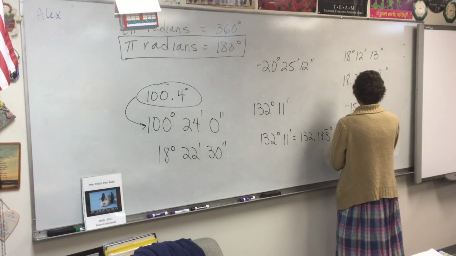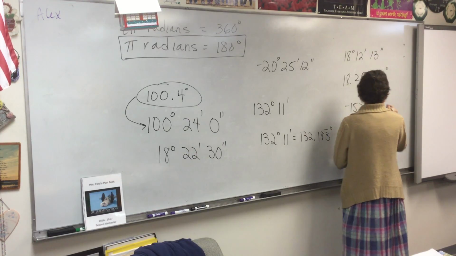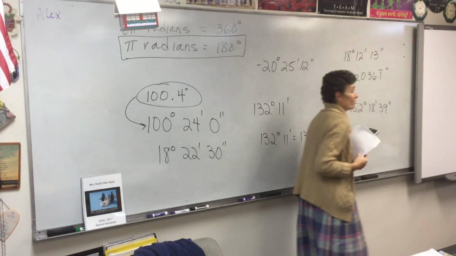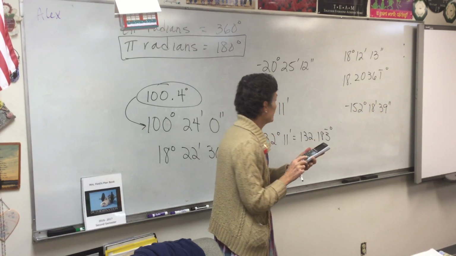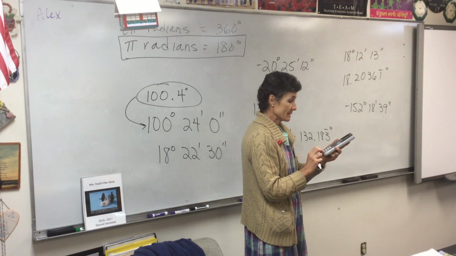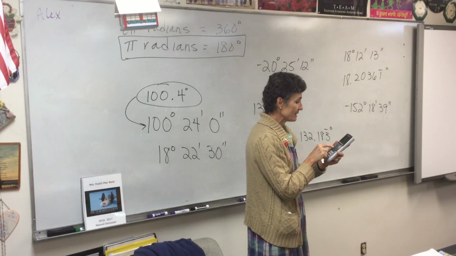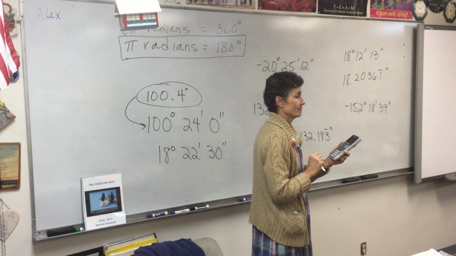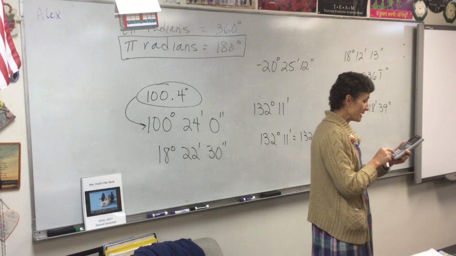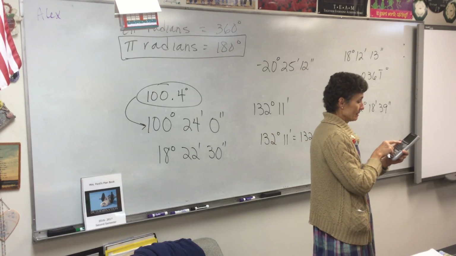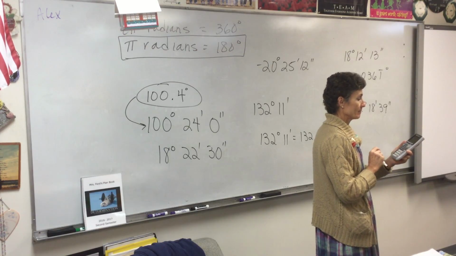Okay, now let's try one more. Negative 152, the negative doesn't matter, just type it in. 18, 39. If you were confused, listen carefully because this is the last one. We're going to type negative 152. Go into second angle degrees. 18. Second angle, click down to minutes.